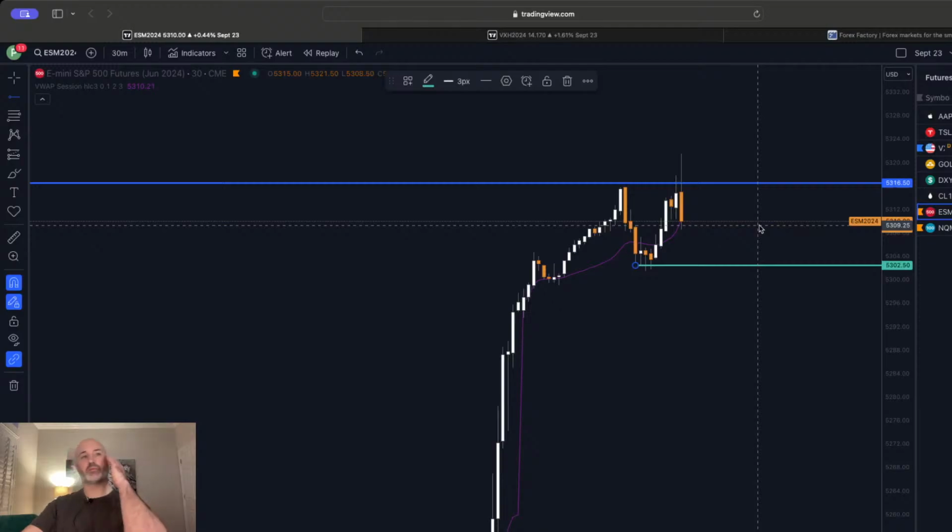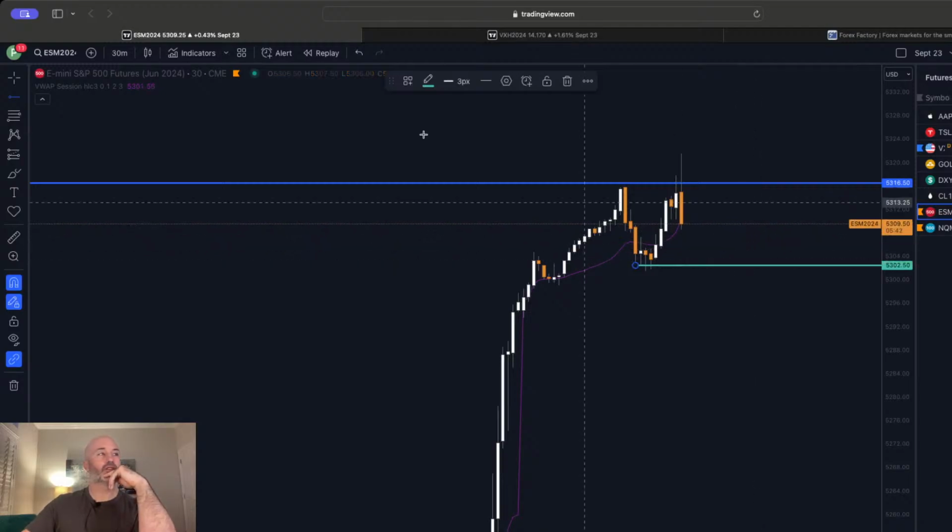So it'd be like a 7-point risk, 2 points to get 7. So that's like a 3-to-1 risk to reward ratio right there. It's not a bad one. All right, so let me go back to Bookmap. Sorry.